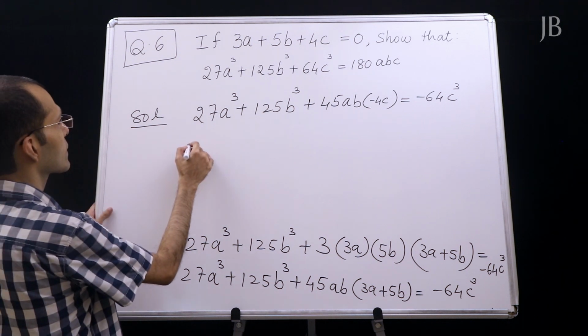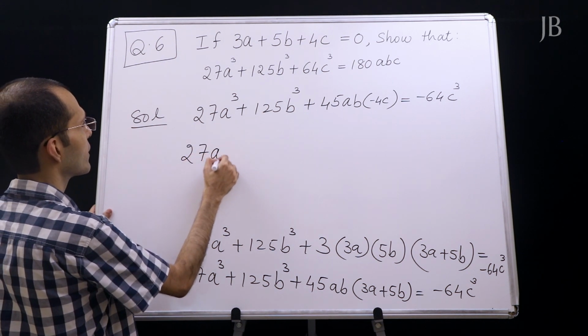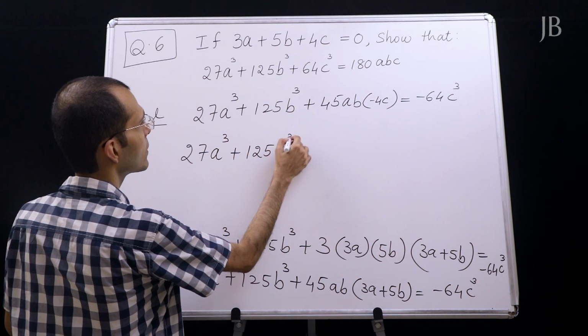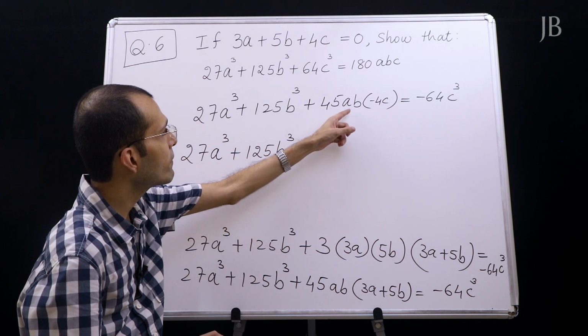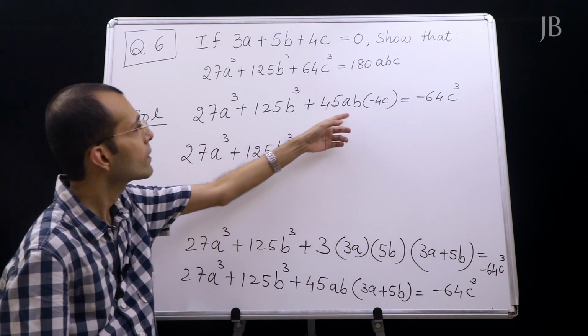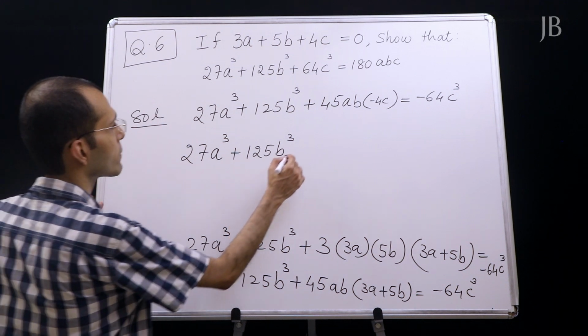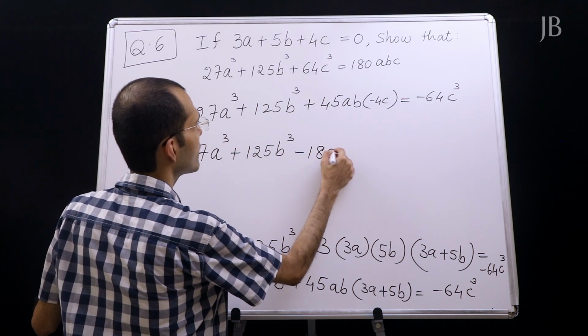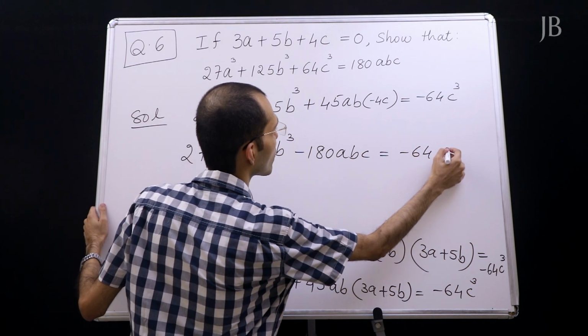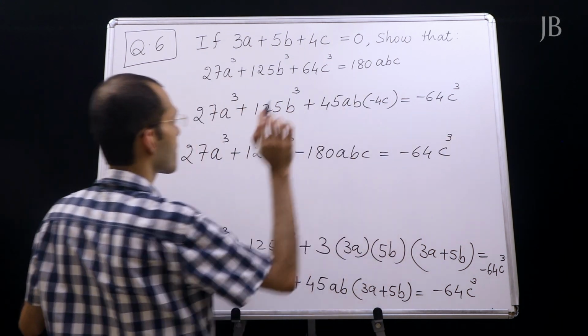Okay, this works out to be now 27a cube plus 125b cube, 45ab into minus 4c. So 45 into 4, 180, and positive into negative, negative. So minus 180 abc is equaling minus 64c cube.